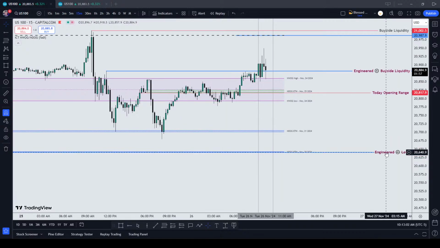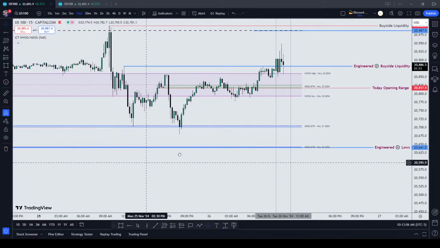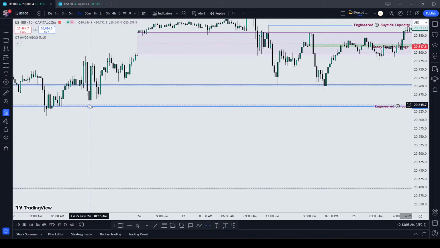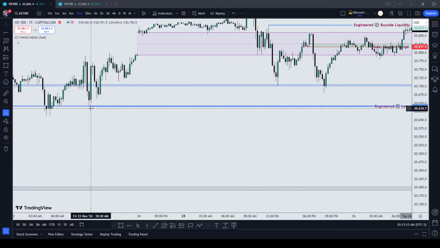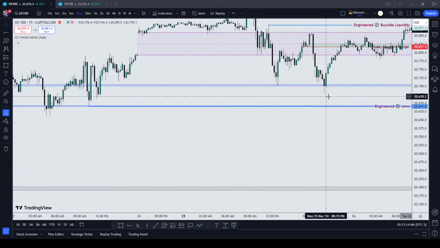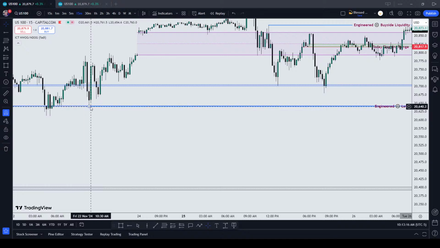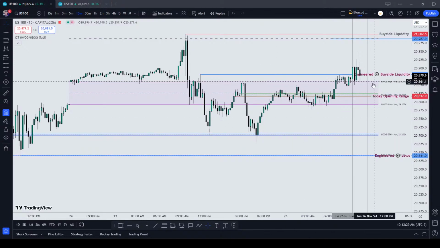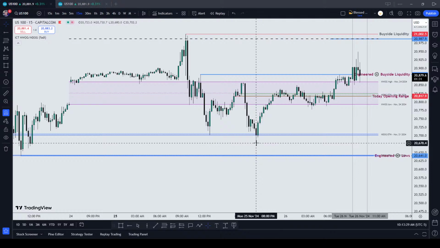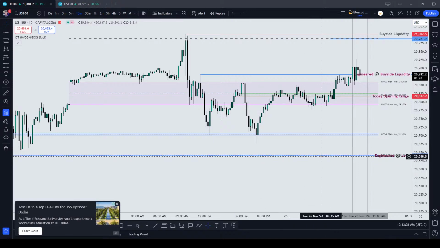If you look, you can see where I wrote engineered lows here. So that area here, this low, if you look at this low and this low, you see they are relatively equal to each other. Just a few pips, so they are very relatively equal. So right there, we'll be looking for price to drop down, probably taking out this one or the one right here.